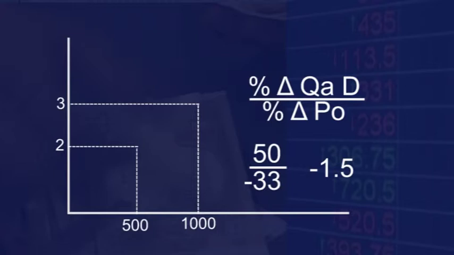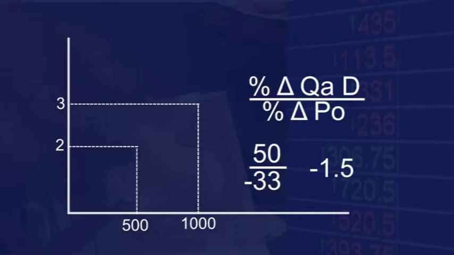So the price of oranges is at the moment €3, and the quantity of apples demanded is 1,000. Now we'll ask, suppose there's no change in the price of apples, but the price of oranges changes, what happens to the quantity of apples demanded?